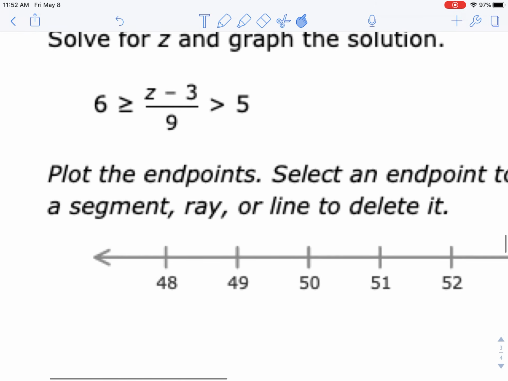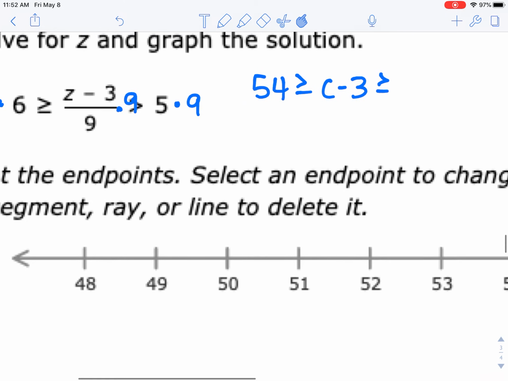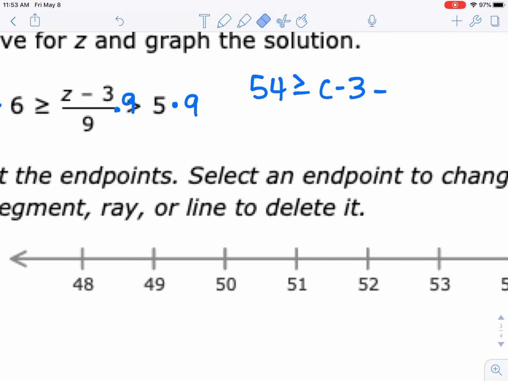Couple more. Again, whatever you do on the inside, you have to do on the outside. So you get 54. Add 3.